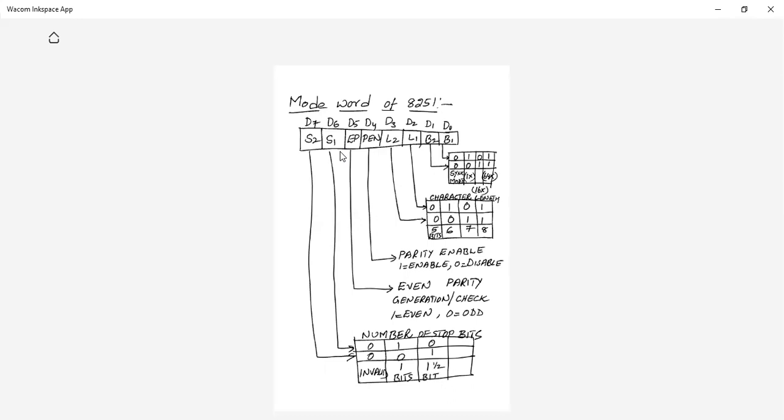Right. And even we can transmit 2 bits also, with 1, 1 for 2 bits.